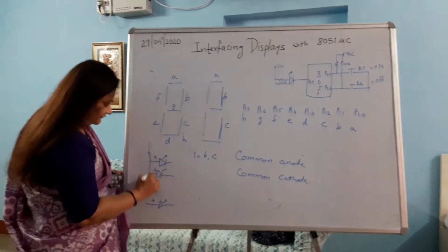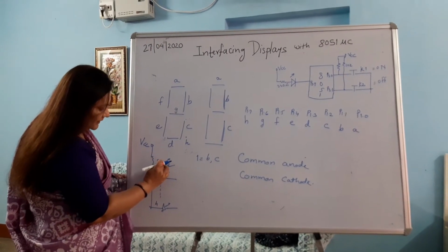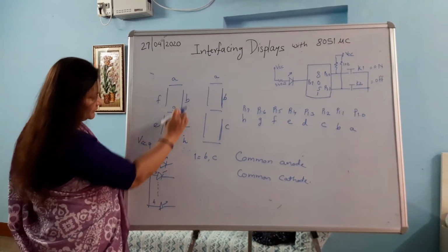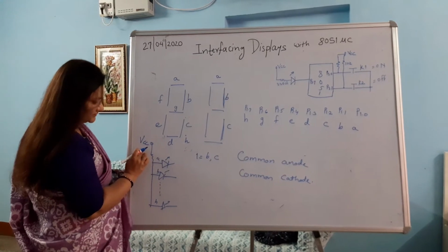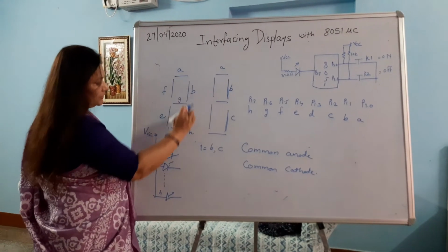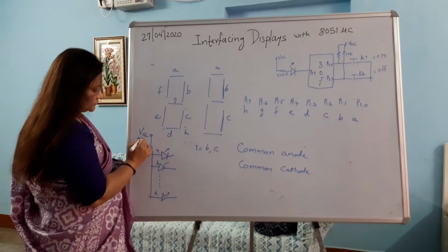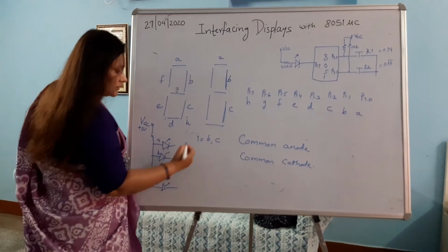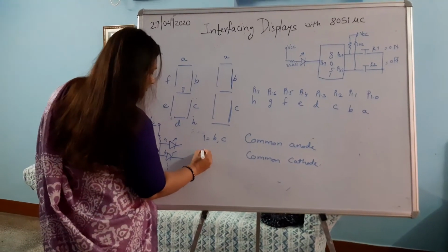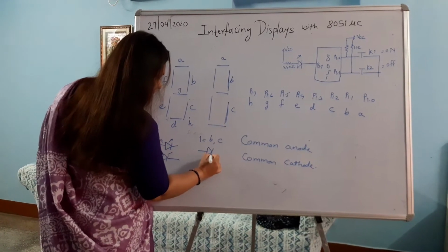Now suppose they are connected in this fashion, so that means the anodes of all the LEDs are connected to VCC. If you provide VCC to this pin, all 8 segments get plus 5 volt. Now suppose you use common cathode configuration.